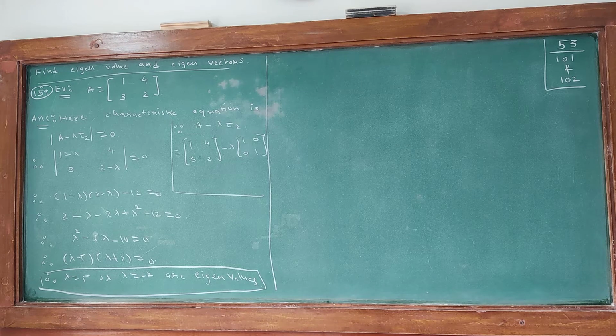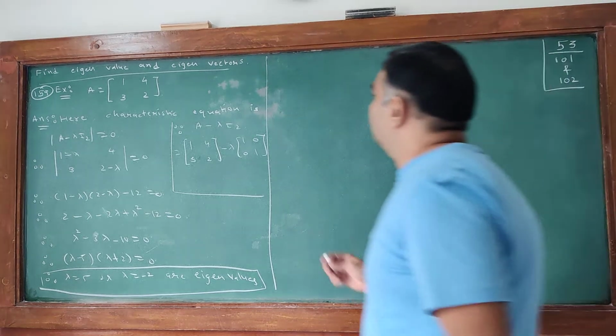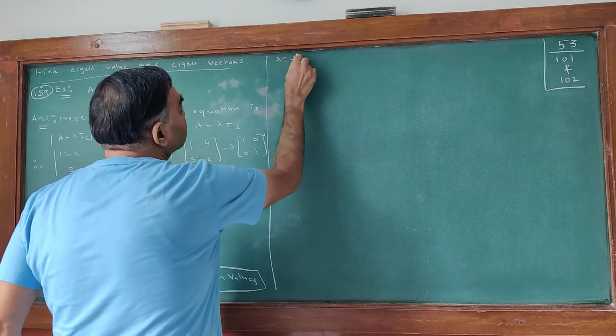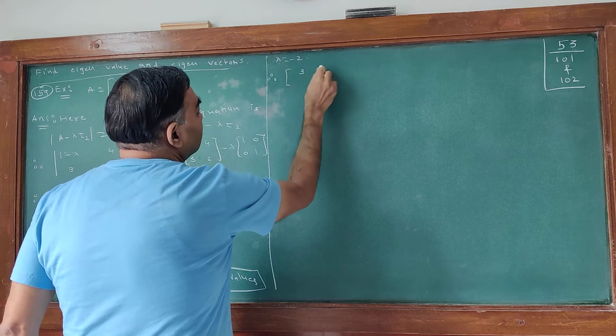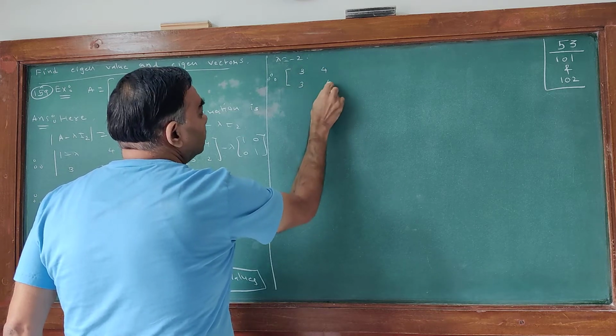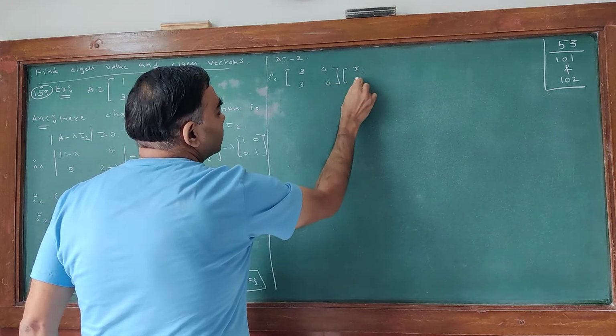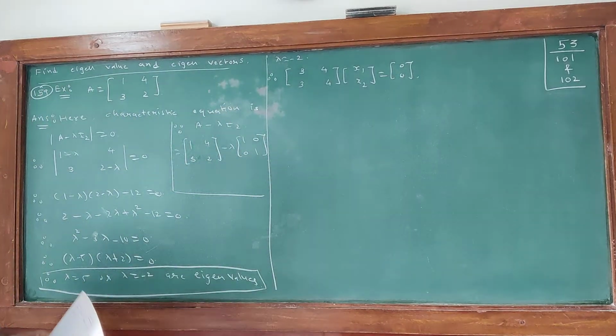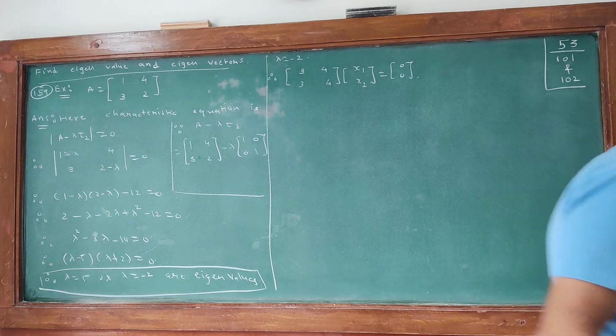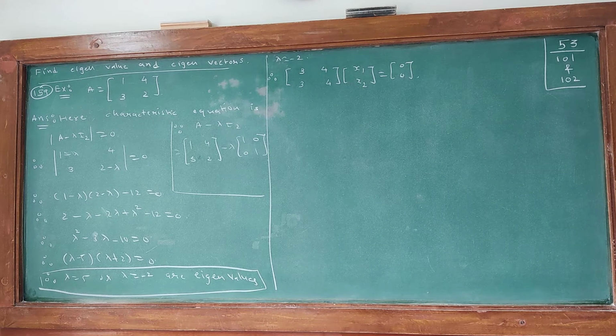And therefore for lambda equal to minus 2, the matrix [3 4; 3 4] times [x1; x2] is [0; 0]. I think you may have a question how we find 3, 4, 3, 4.